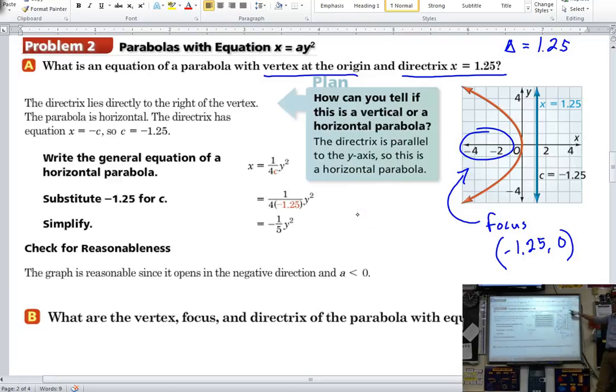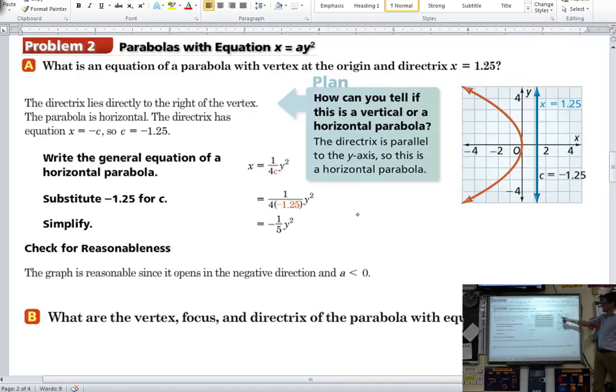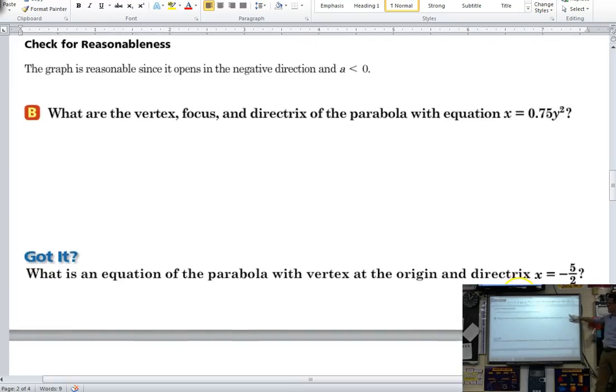I know this stuff's complicated, so I leave a solved-out solution so you can always reference back to it. So now we're given the equation. Now we've got to work backwards and derive everything. This x equals 0.75 y squared is equal to 1 over 4c y squared.